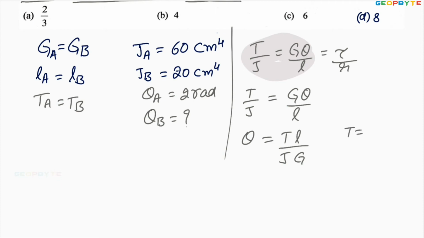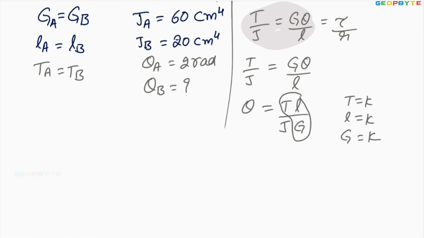Here T is constant, L is constant, G is constant. That means torque remains the same for both shafts. Similarly, length and shear modulus also remain the same. This portion will remain constant.